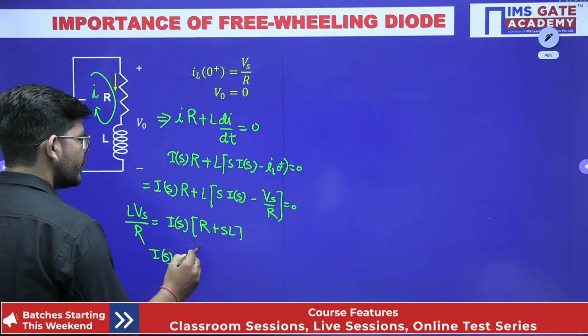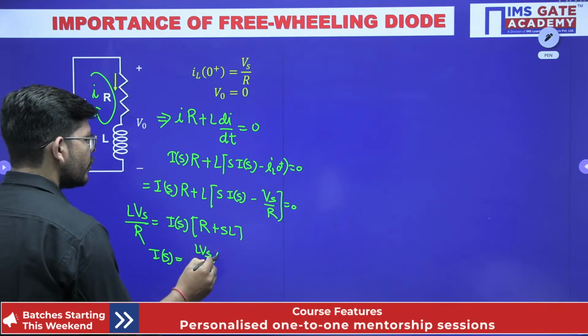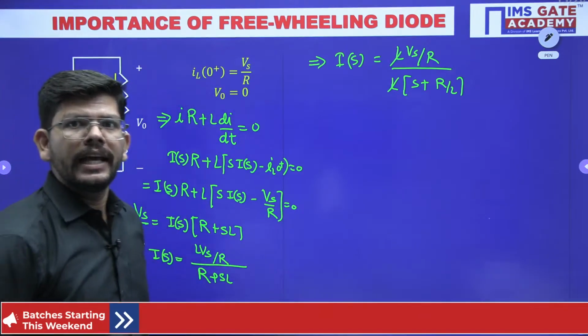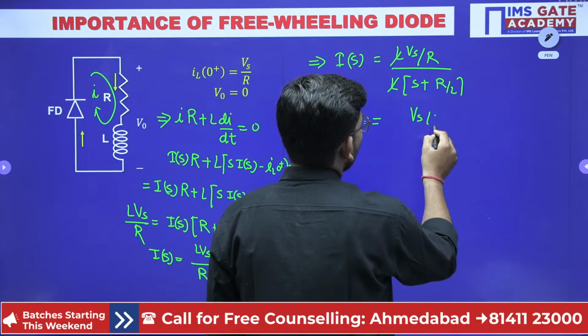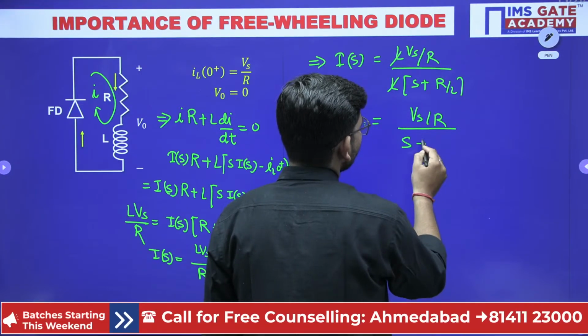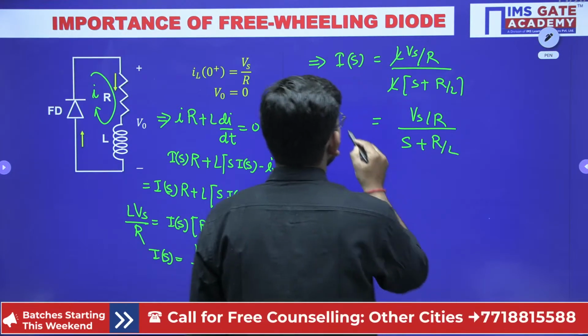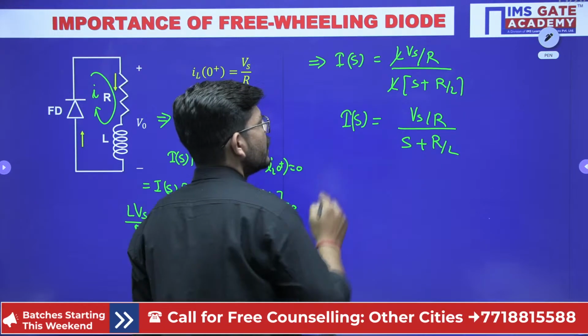So what will be the current expression? The current expression will become Vs L by R over (R plus sL). L and L get cancelled and I get Vs over R upon s plus R by L. This is what I have as current.